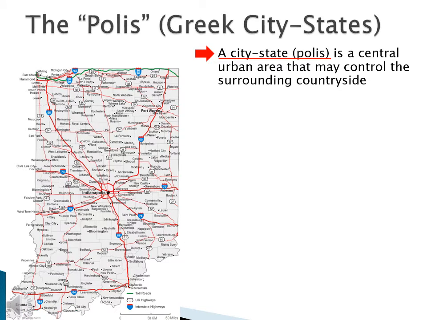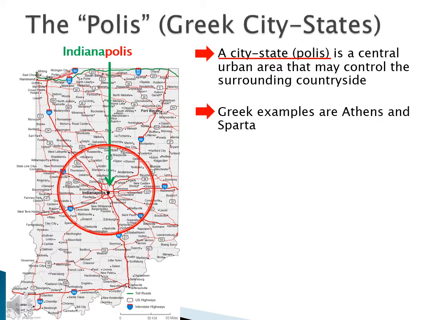Now, the thing about Indiana is its capital is Indianapolis, Indiana's polis. And the cool thing about Indiana and Indianapolis is that Indianapolis is in the center of the state and there's not much else. Everything goes to Indianapolis.